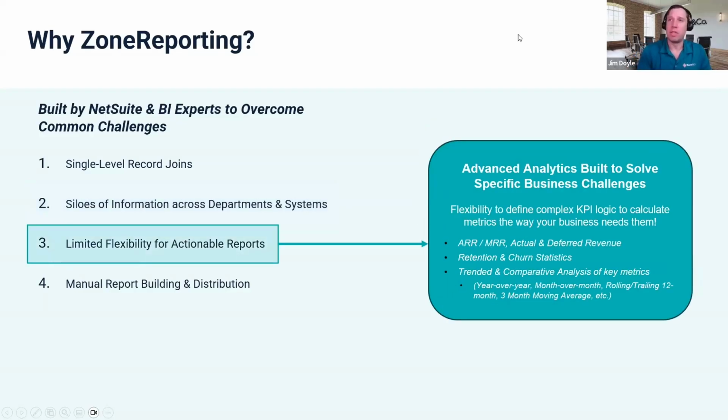We also have the ability in Power BI to define relatively complex KPI logic to calculate your SaaS metrics the way your business needs them. I mentioned ARR, MRR, actual and deferred revenue, things like retention, churn, and also the ability to look at these statistics and these KPIs from a trended and comparative point of view.